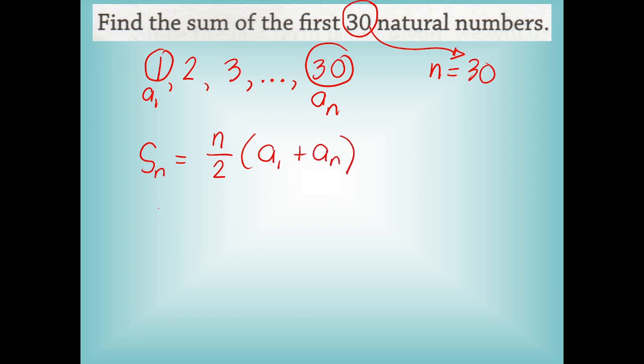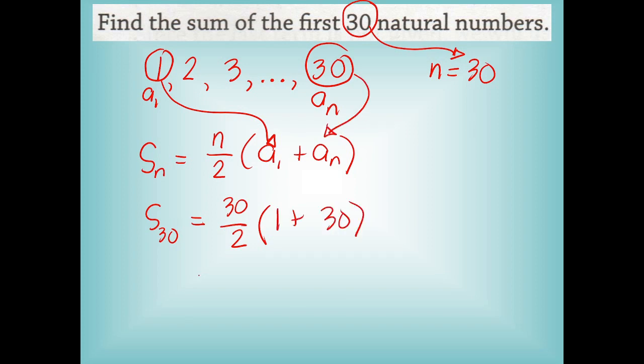S sub 30 is equal to 30 divided by 2, times the first term, that's 1, plus a sub n, that's 30. So this is now 15 times 31. What is 15 times 31? 465.